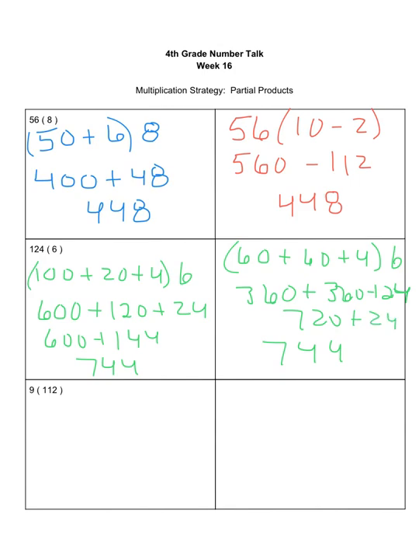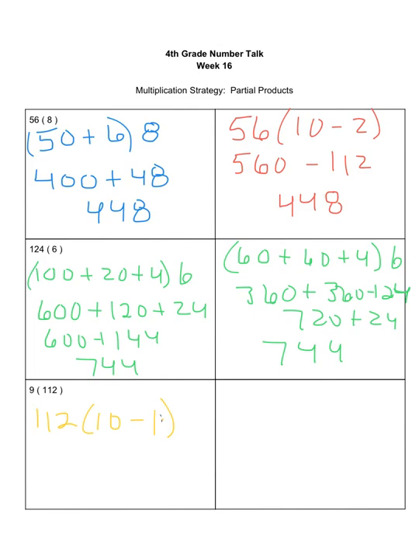Okay? Now, we have 9 times 112. When we think about that, the first way I think about it is this way. I actually say that I know that 10 lose 1, sorry about my mistake there, 10 lose 1 is the same as 9.